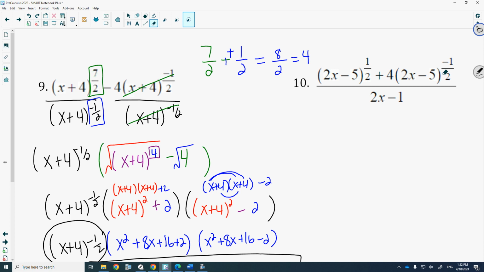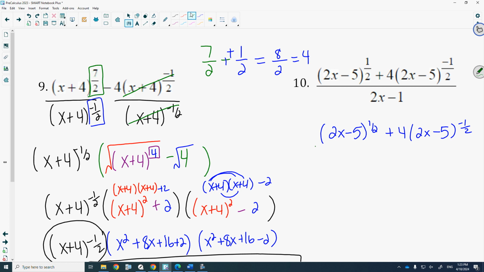So what I want you to do is just sort of ignore this denominator, and let's just focus on that numerator and factor from the numerator. So what I'm going to do is I'm just going to rewrite this, the numerator, 2x minus 5 to the 1/2 plus 4, 2x minus 5 to the negative 1/2.